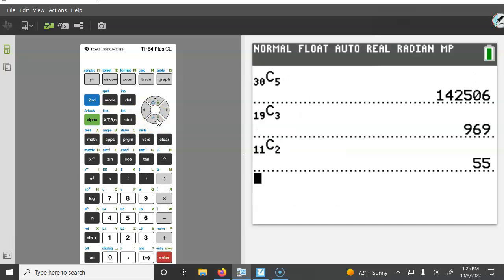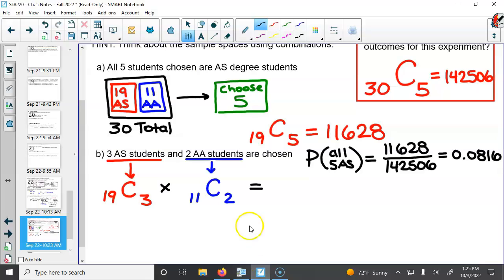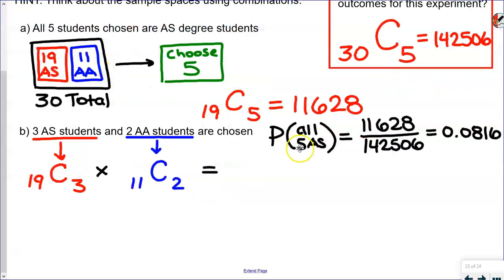So there's 969 ways to choose those 3 AS students, 55 ways to choose those 2 AA students. So we would multiply those, and we get 53,295. And so that is the number of ways we can choose 3 AS and 2 AA.